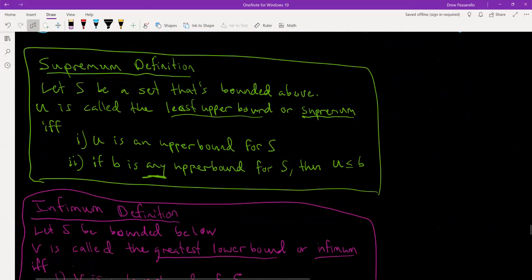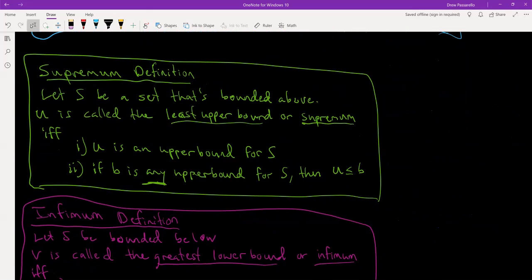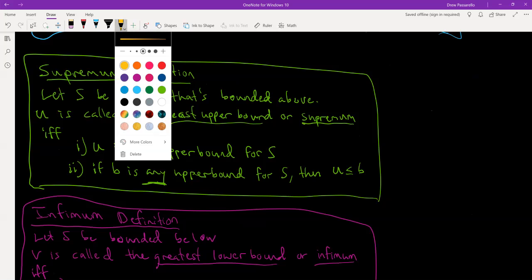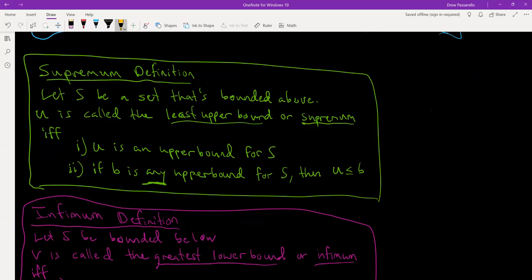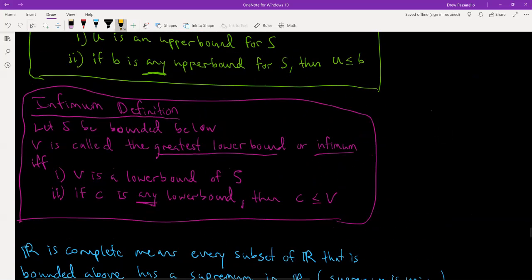Now for the supremum, if you have a set S that's bounded above, U is called the least upper bound, or the supremum, if and only if U is an upper bound for S, and if B is any upper bound for S, then U is less than or equal to B. And then the infimum, similar thing.